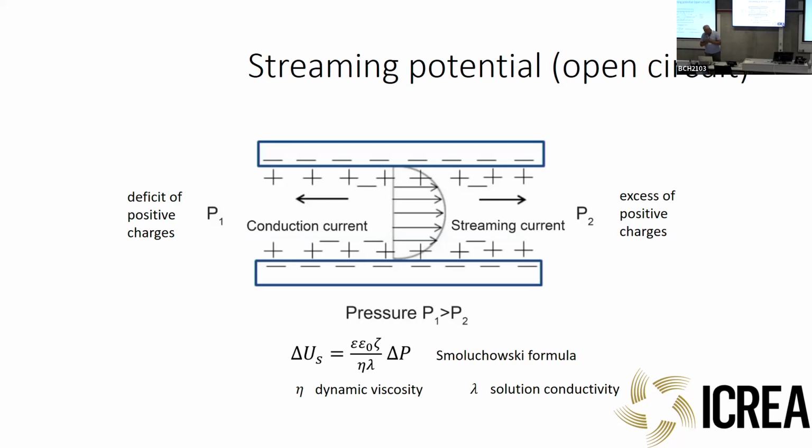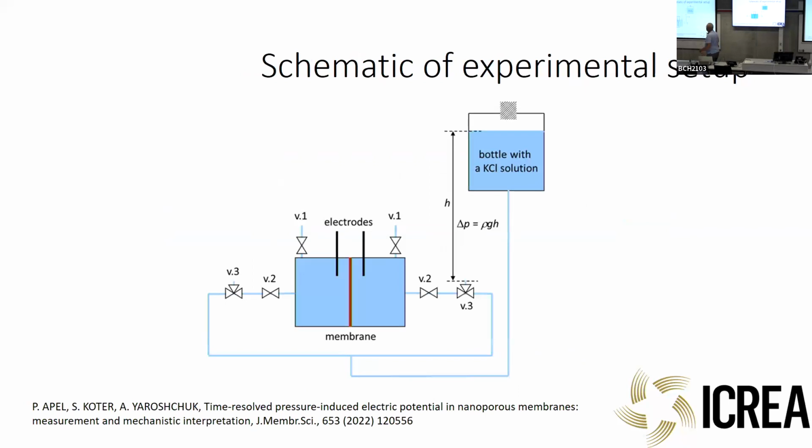Yes, you can explain larger magnitudes in this way. But if you do time-resolved measurements, you see that the situation is time dependent and so on. This is a scheme of an extremely simple experiment. You just have a cell, you have a level. It doesn't even need to be very high, so you don't need stairs or whatever.